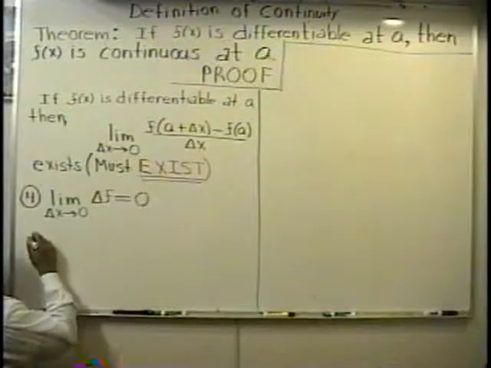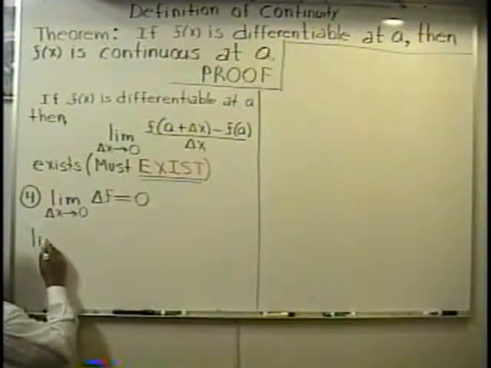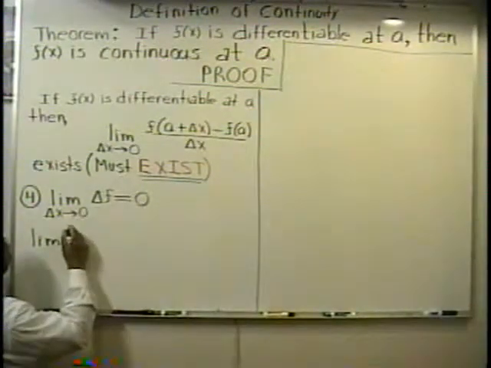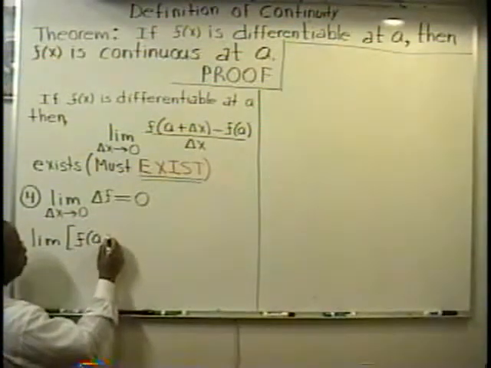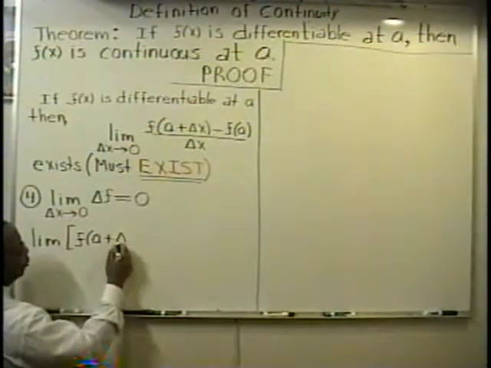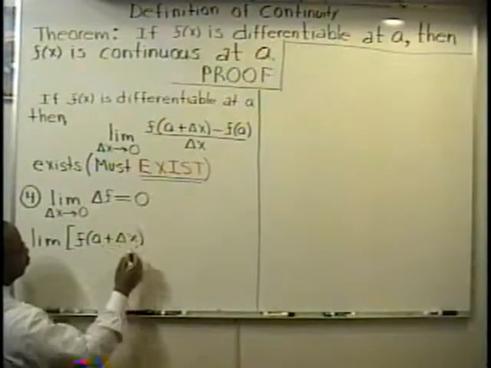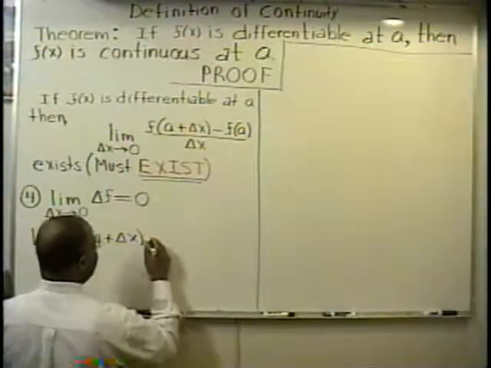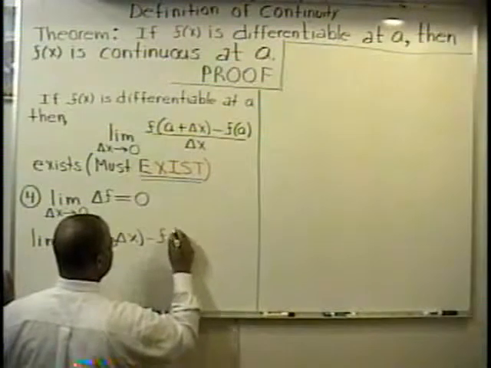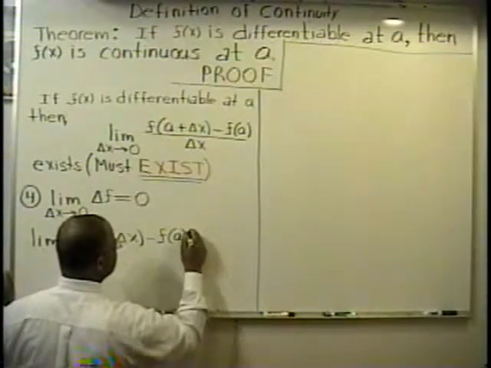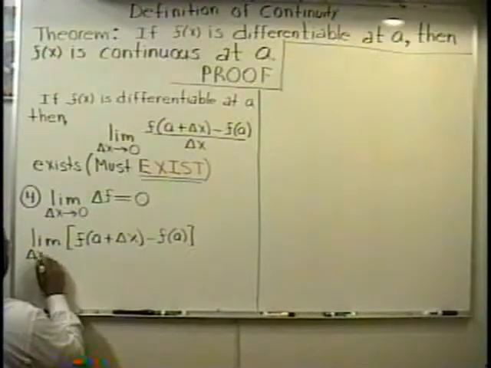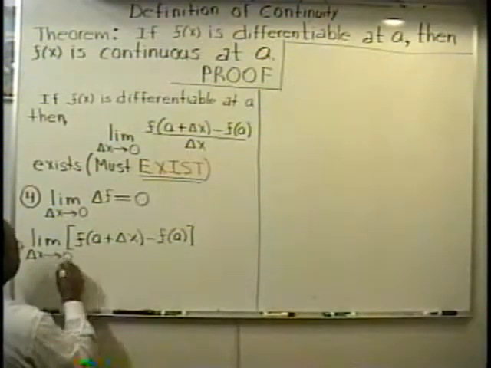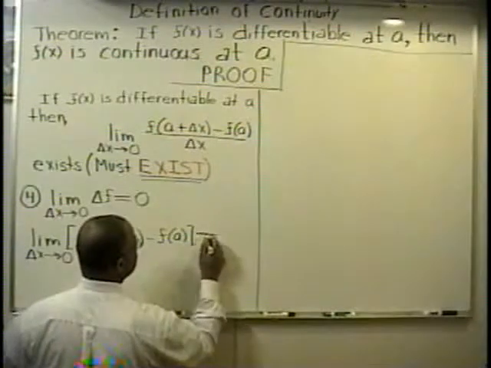Well, delta f can also be written as the limit of f of a plus delta x, minus f of a, as delta x approaches 0 is equal to 0.